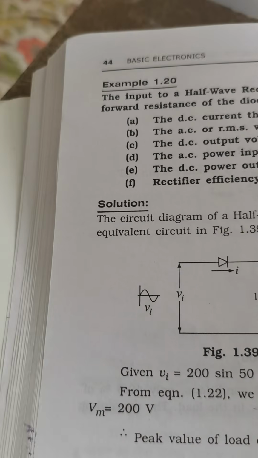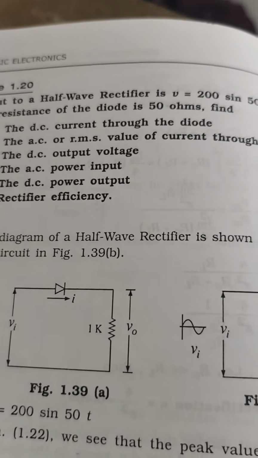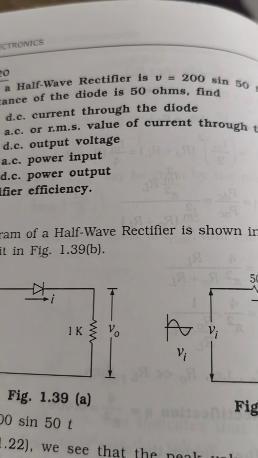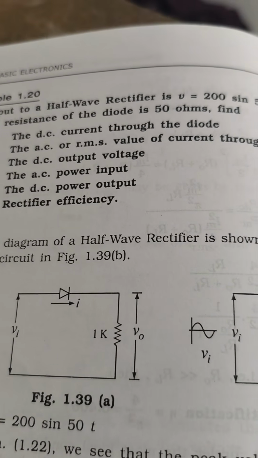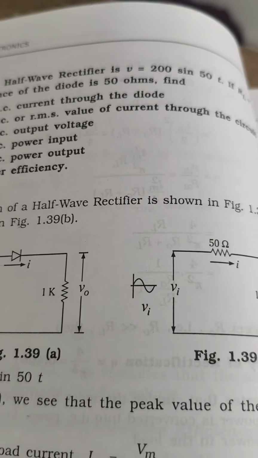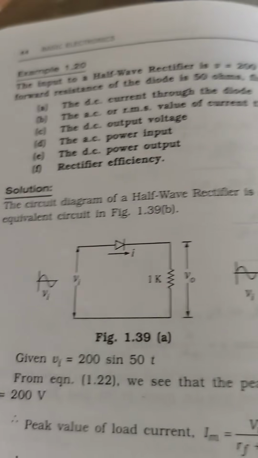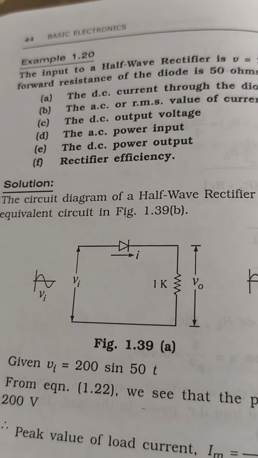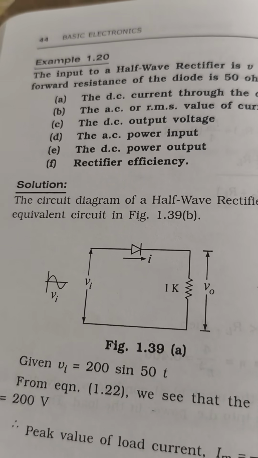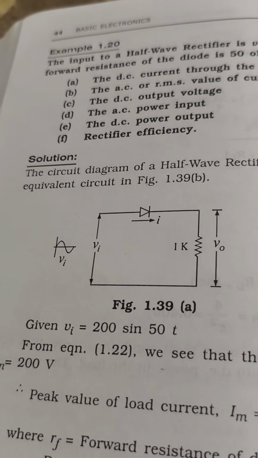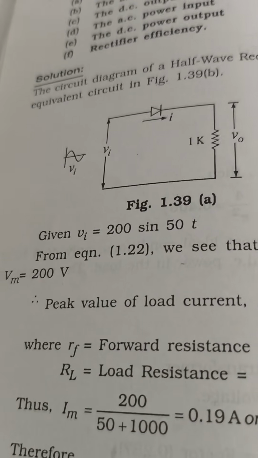If RL is given, they will ask you to find the DC current through the diode, the AC or RMS value of current through the circuit, the DC output voltage, the AC power input, the DC power output, and the rectifier efficiency. They will ask so many.